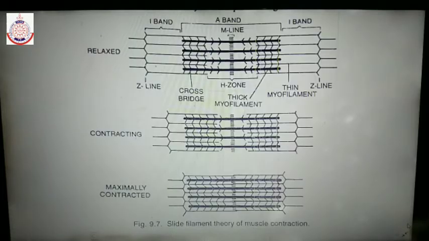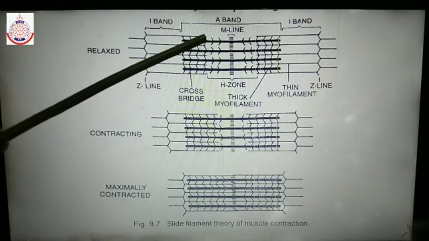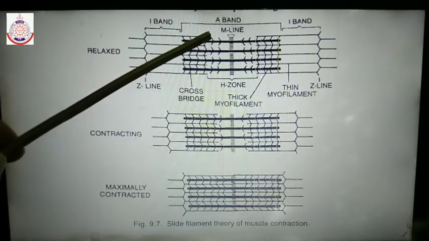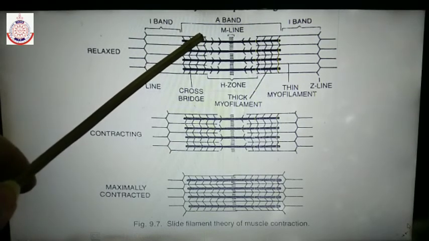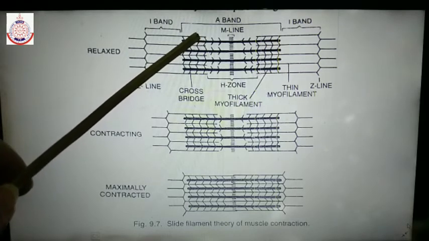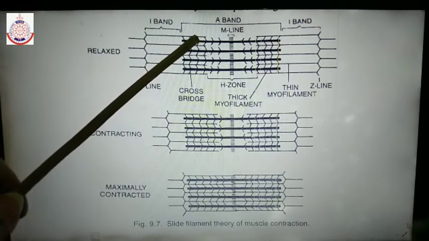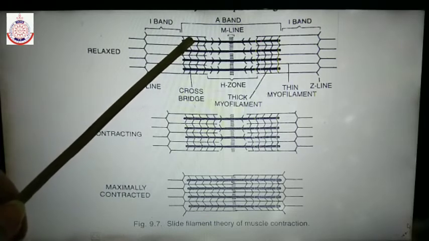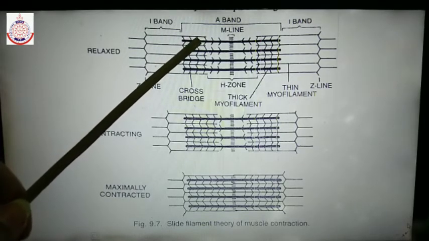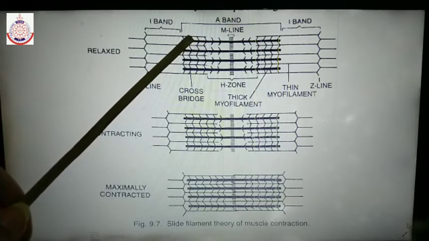We have seen in the last diagram that the myosin heads combine with the actin at the myosin head binding site. You can see here, these are the heavy meromyosin or cross arms. Now, when the plasma membrane of the muscle cell is under action potential, the calcium ions are released.